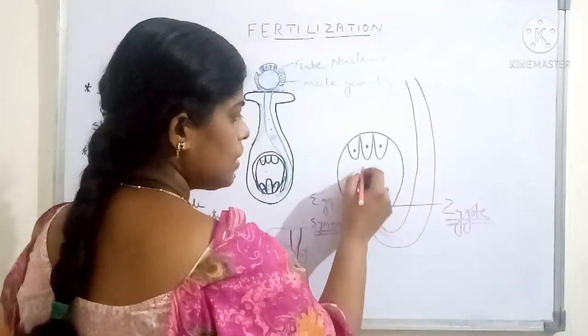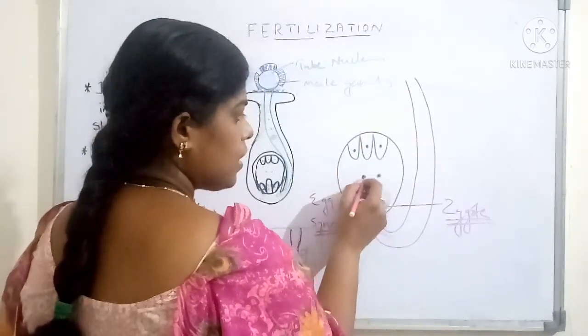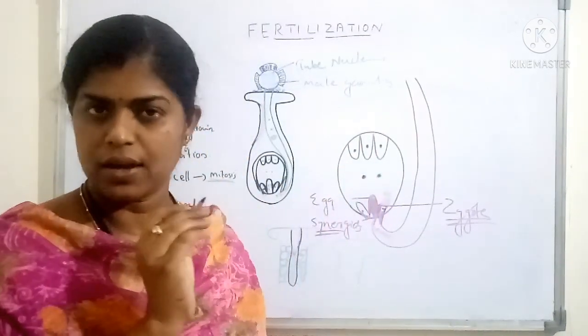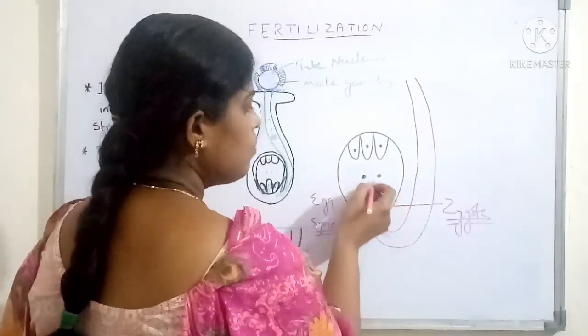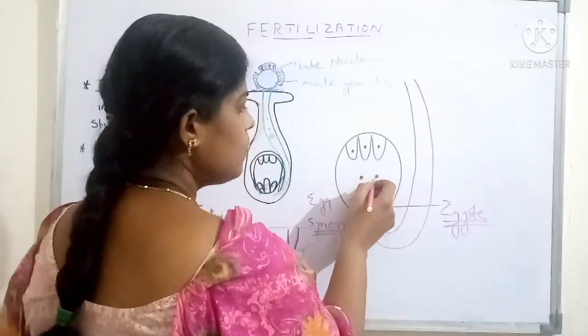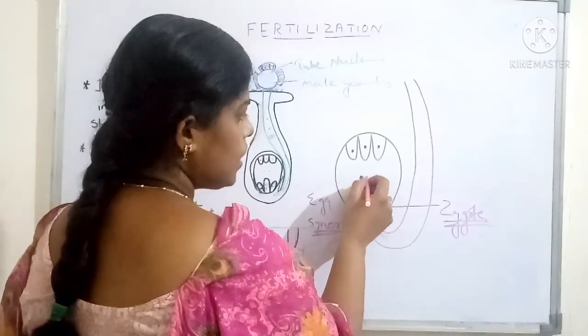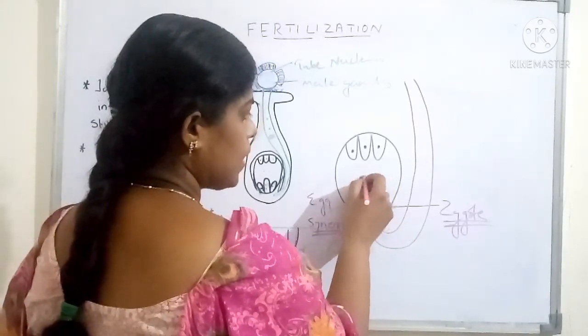You know that in the embryo sac there are two polar nuclei. One of the male gametes will move to the center towards the polar nuclei, and it will fuse with the polar nuclei.